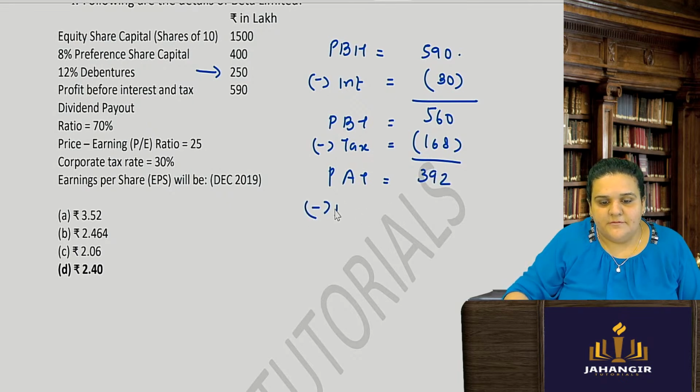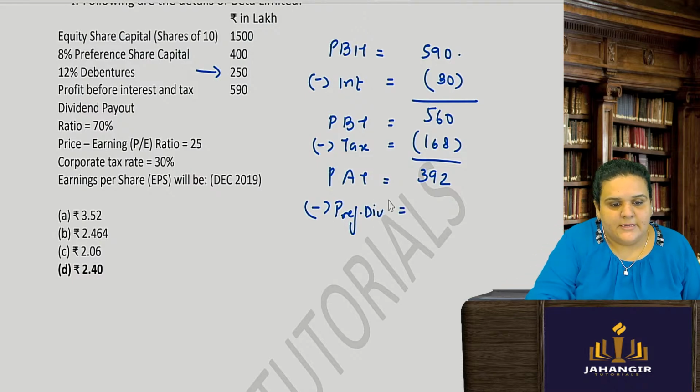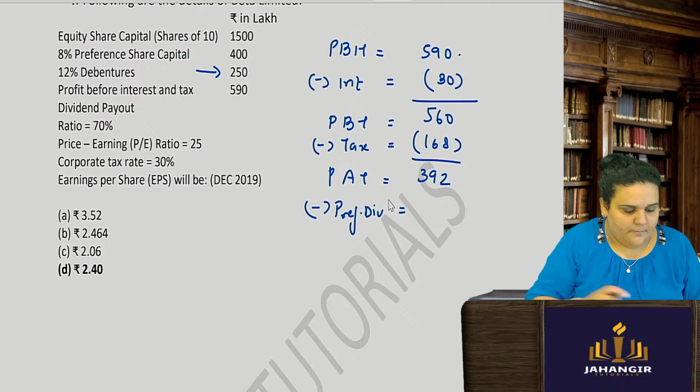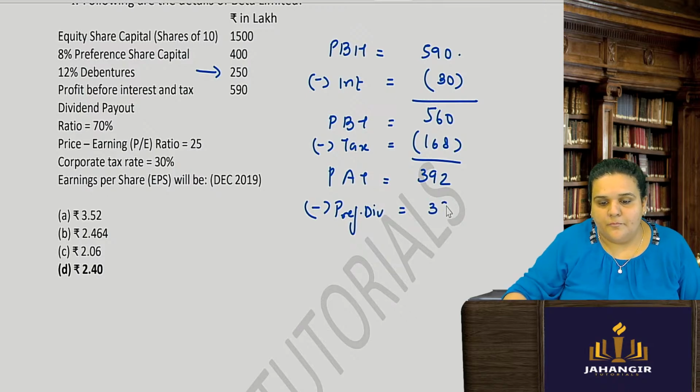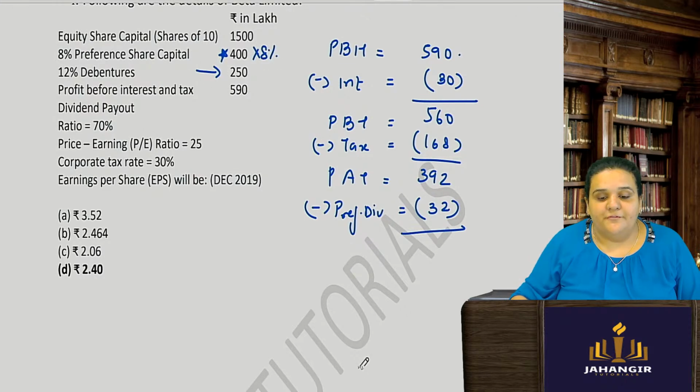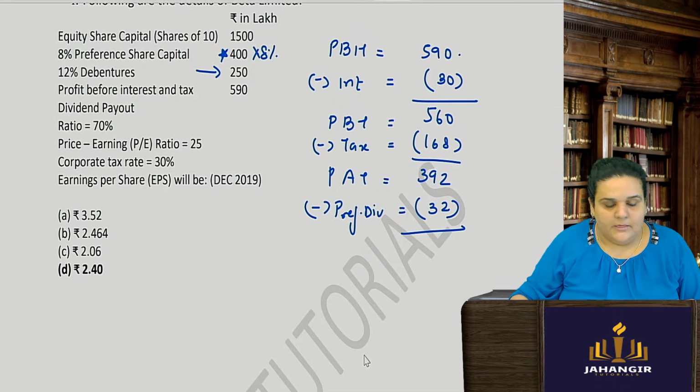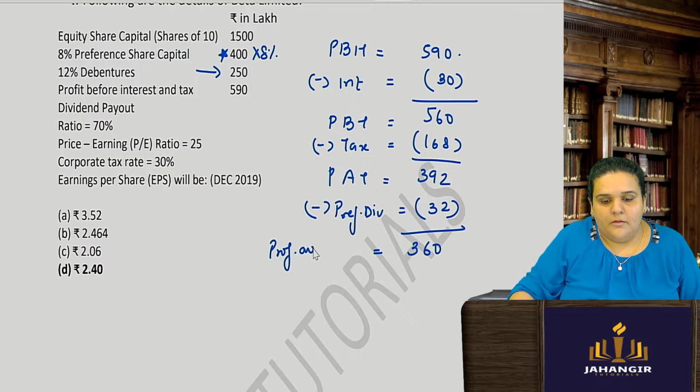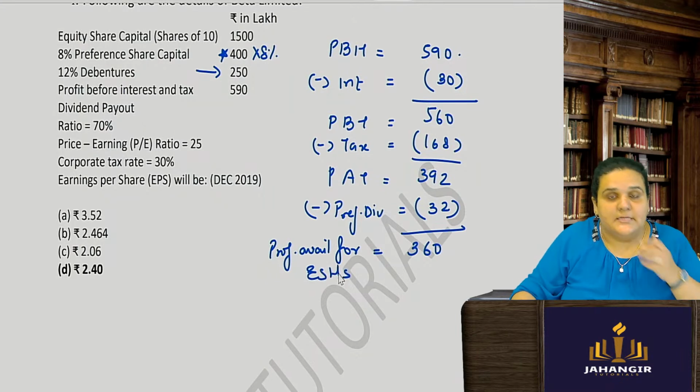Minus preference dividend, which is 8% of 400, 32. Your preference capital 400 into 8%. So preference dividend will be 32. Therefore, profit available for the equity shareholders is 360.